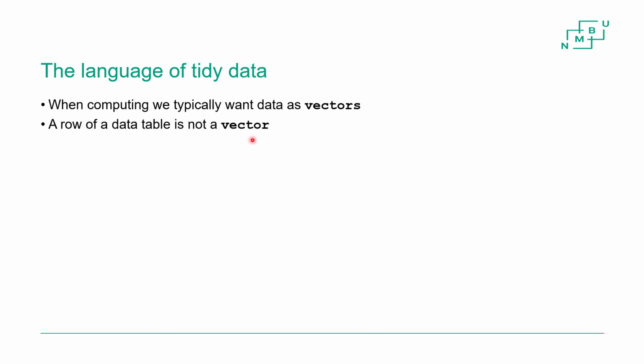The row of a table is not a vector, only the columns. However, sometimes we may copy the numerical variables into a matrix. And what is a matrix? It may look like a table, but it's not really a table.